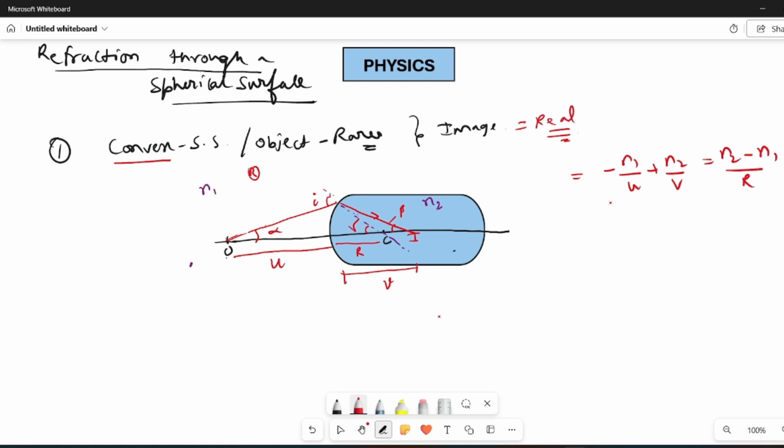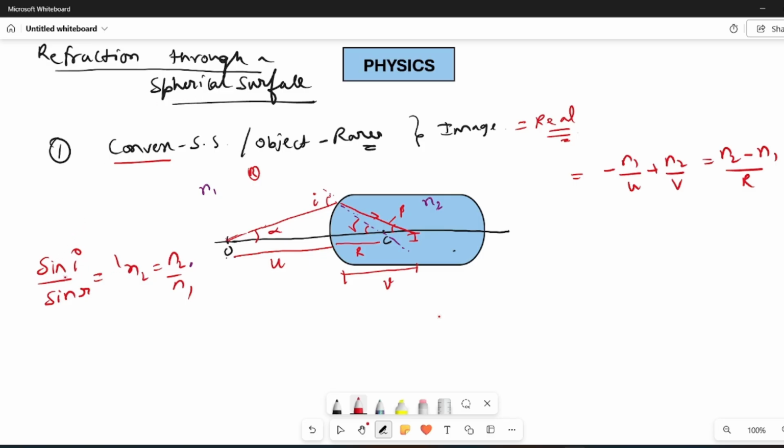And how exactly will that happen? If you apply Snell's law, it is going to be sine i upon sine r, for light traveling from medium 1 to 2, that means n2 upon n1. Now here I'm going to assume that the angles are very small.